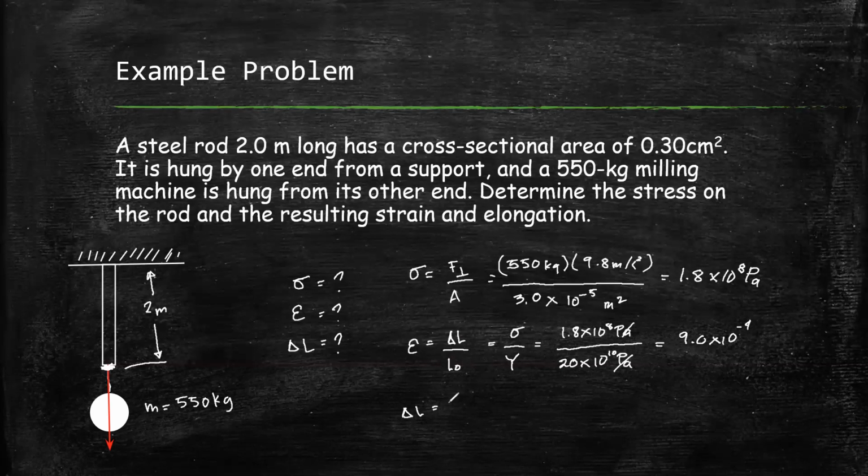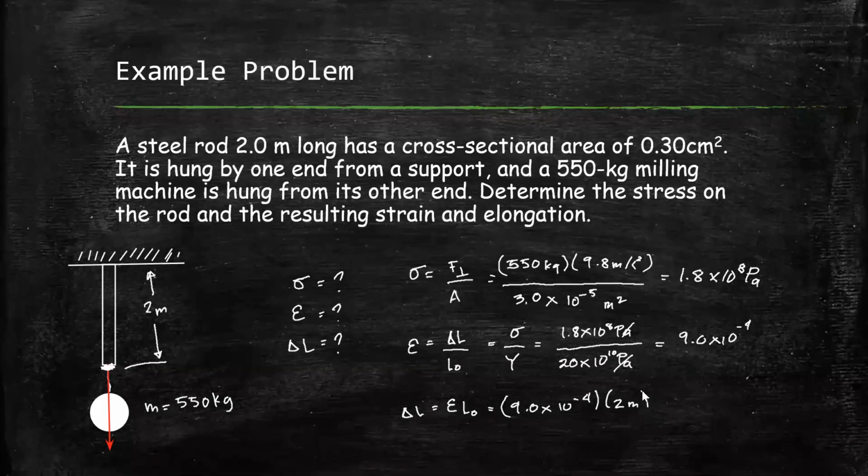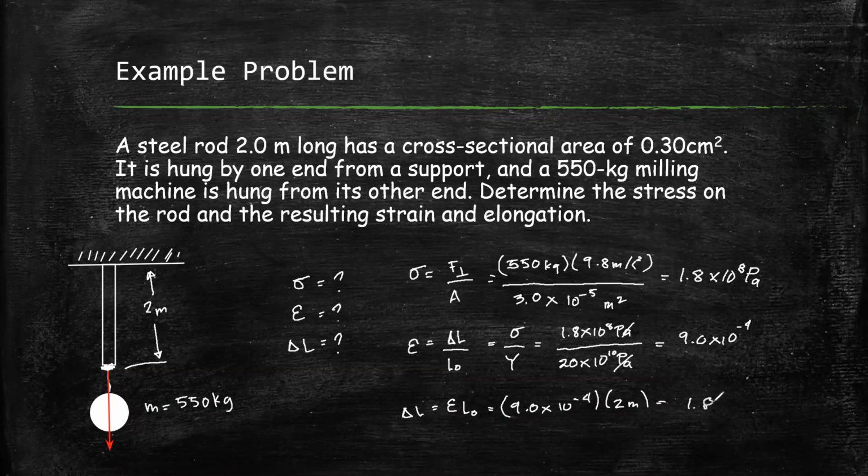So elongation is equal to the strain times the original length. Now we have 9.0 times 10 raised to negative 4 times the original length, which is 2 meter. Therefore, our elongation is 1.8 millimeter.